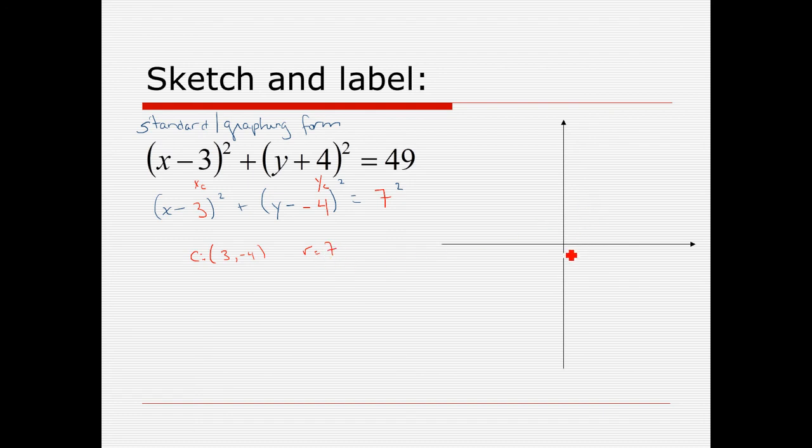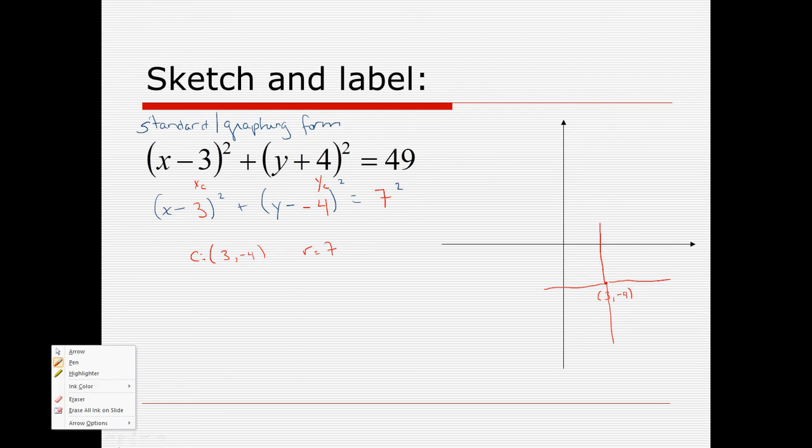So over on the axes, I want you to go 3 and down 4, label the center. Then you're going to radiate 7 units up, 7 units down, 7 units to the right, 7 units to the left. So think about where that lands you.